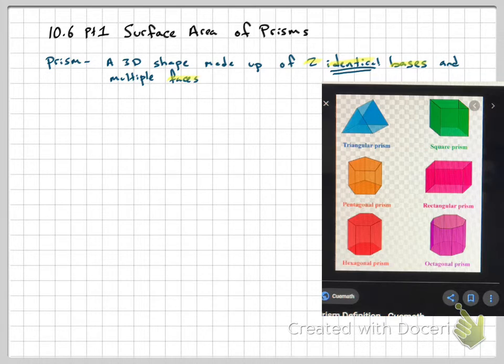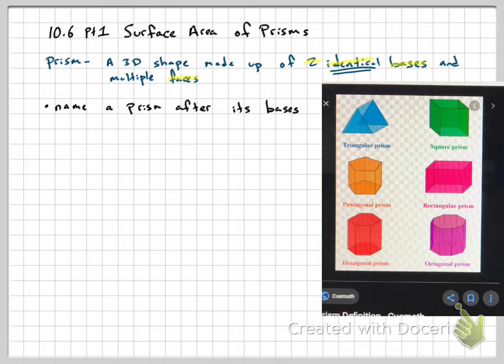I think it's important to note that a prism gets the first part of its name from the shape of its base, right? If we look at the triangular prism, notice that there's a triangle right here, and if you look at it three-dimensionally, there's one in the back. Those are the bases.